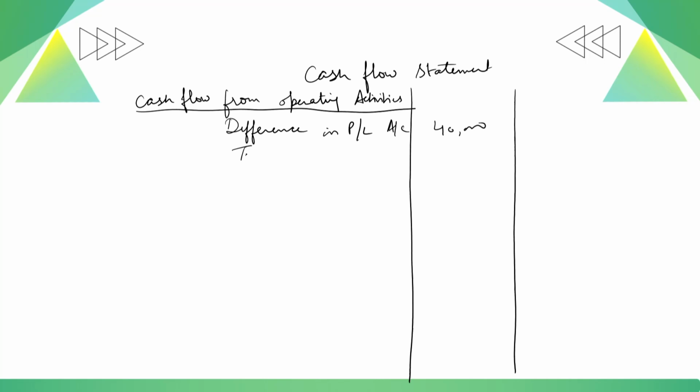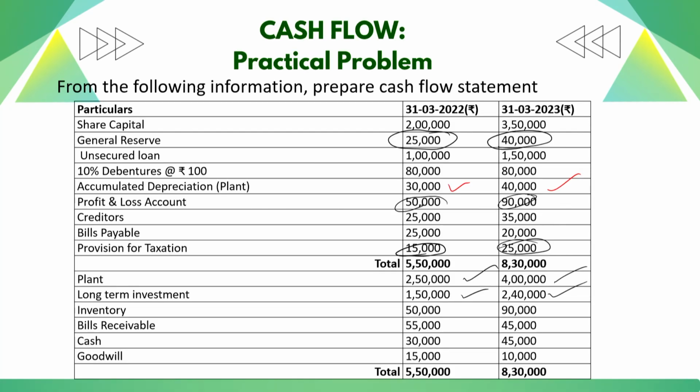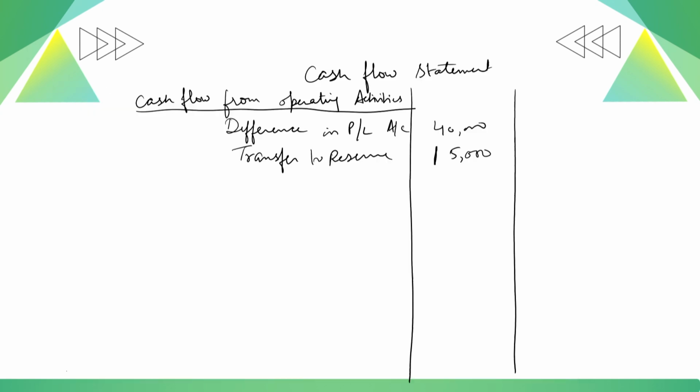So that transfer to reserve will be added back to the profit figure, amounting to rupees 15,000. Next is 10% debentures at rupees 100 each, showing a balance of 80,000, meaning we have paid interest on debentures. So we will be showing here interest on debentures as an addition of rupees 8,000.